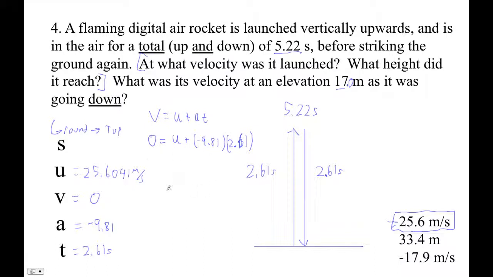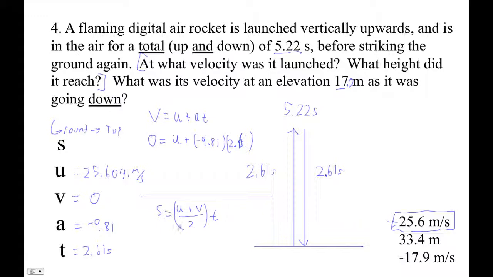Now let's figure out the elevation. What do I want to use? I guess I'll use just the SUVAT formula. I would like to not use the initial velocity, but I don't have a formula that's no u, so I've got to use my u. Actually, there is a workaround: you could solve from the top down.